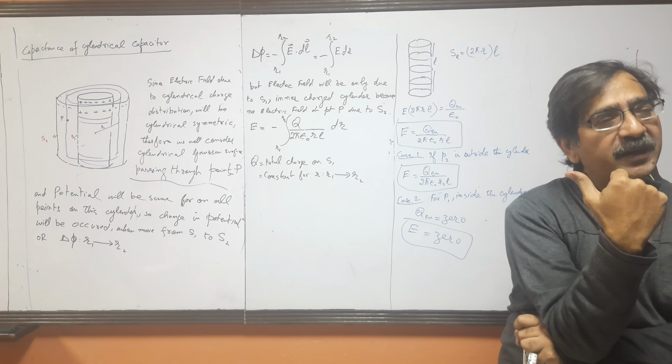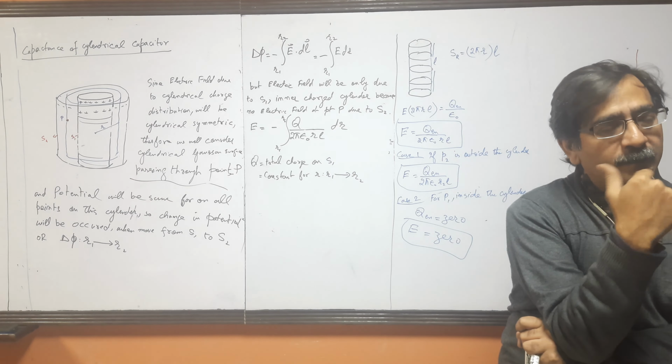The outer surface will not be considered, so only the charge due to S1 will be considered. That's the reason. Got it? The same case was discussed in the spherical capacitors.